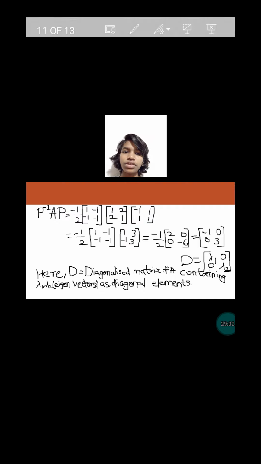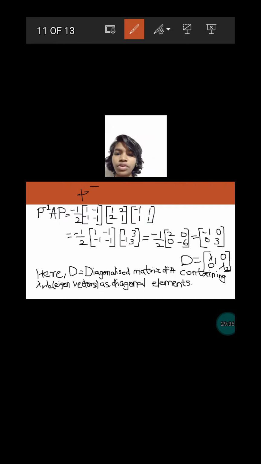This is P inverse, this is A, and this is P. First multiply A into P. 1 into -1 plus 2 into 1, that is -1 plus 2 equals 1, and 1 into 1 plus 2 equals 3. 2 into -1 plus 1 equals -1, and 2 into 1 plus 1 into 1 equals 3.